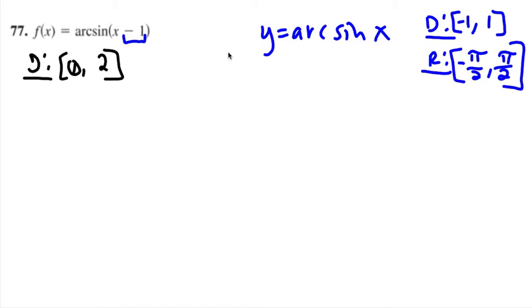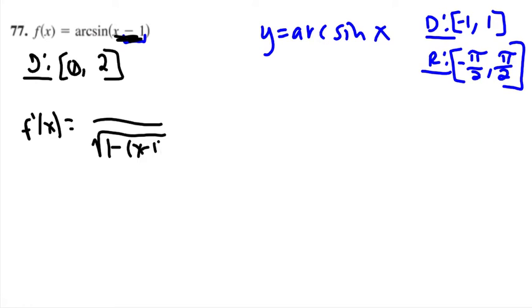which is finding the relative extrema. So relative extrema means take the derivative and set it equal to 0. Test any numbers you get there in addition to your endpoints. So the derivative of this would be, on the denominator, the square root of 1 minus u, which is x minus 1 quantity squared, and then on the numerator the derivative of the inside, and the derivative of x minus 1 is just 1.